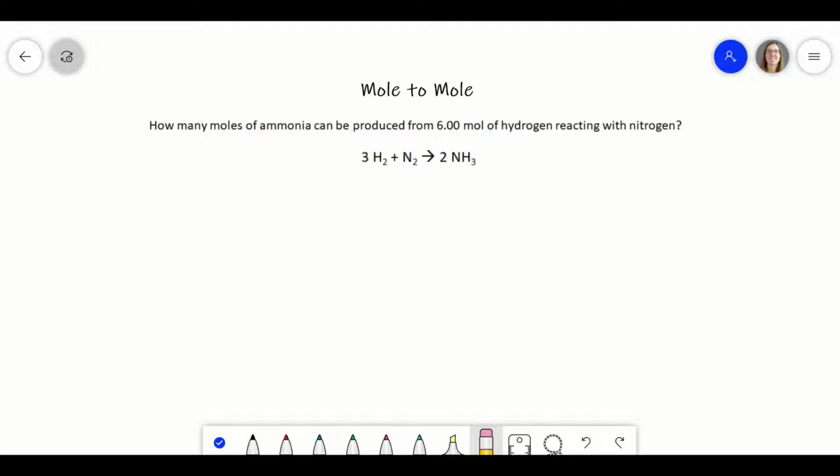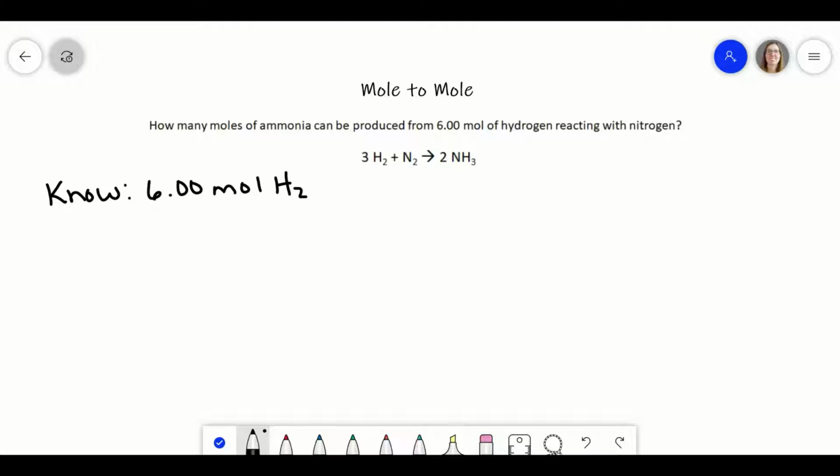Okay, so now we're ready to start writing down what we know from the problem. So we know that we have 6.00 moles of hydrogen, H2. We also know the balanced chemical equation, which will be important for solving this problem.